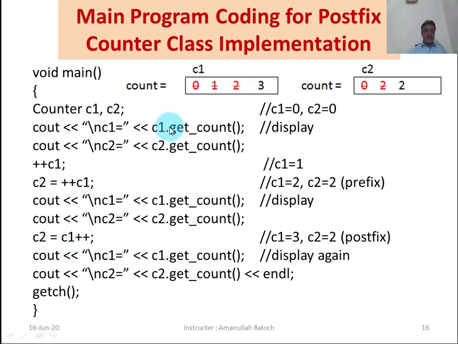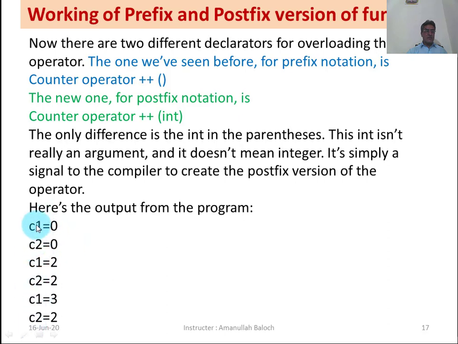So the count attached with C1 will be incremented later at that location, and when we display C1 is equal to C1.getCount and C2 is equal to C2.getCount, the computer will display in all 6 statements of count. Computer will display these values: C1 0, C2 0, C1 2, C2 2, C1 3, C2 2. This is the last memory update in the count of C1 and count of C2 in response to postfix notation.